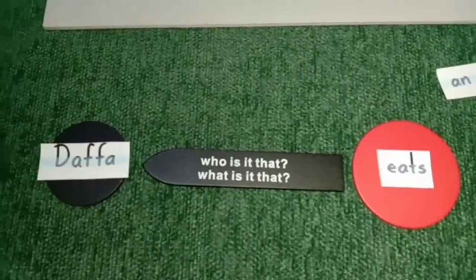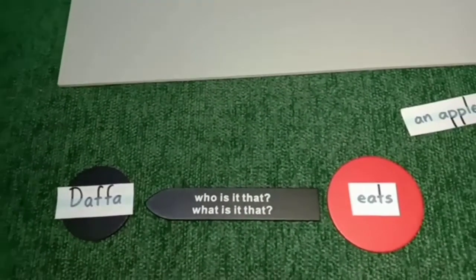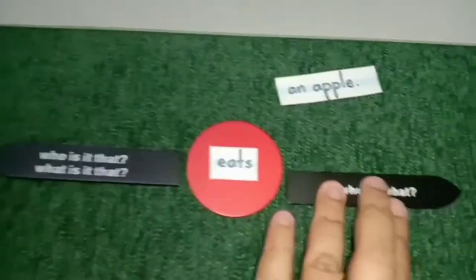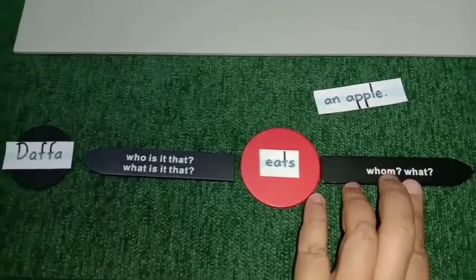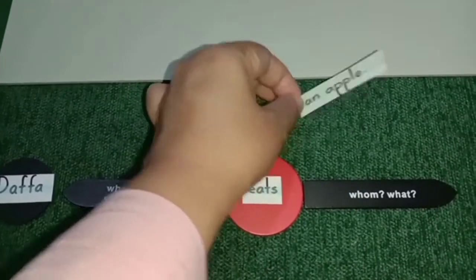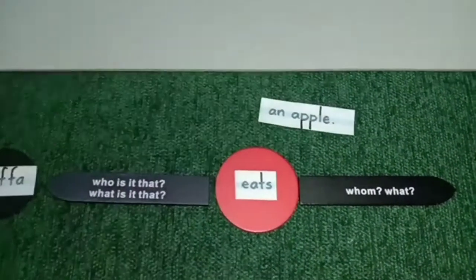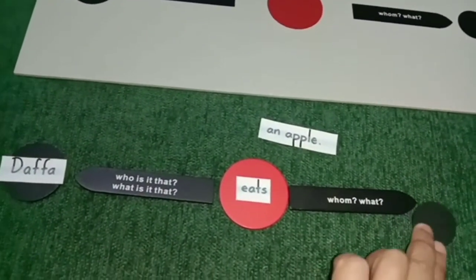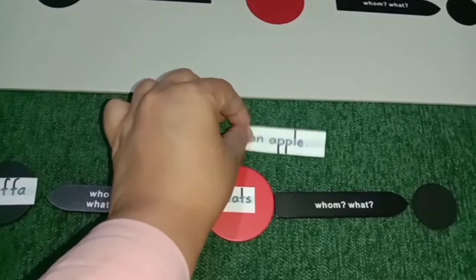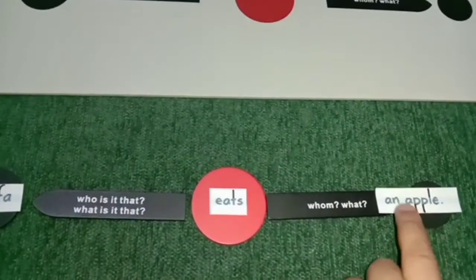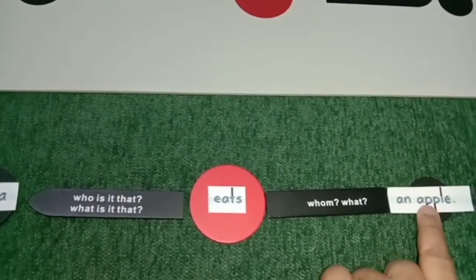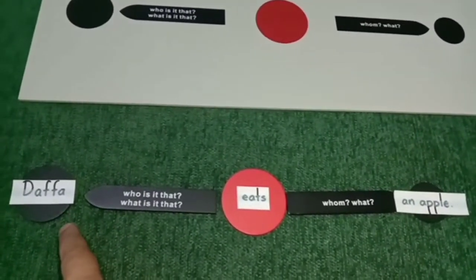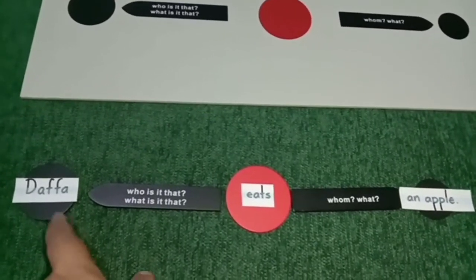Okay, and then I have another question. Dafa eats what? Yes, you're right. An apple. An apple is also a noun, and it is symbolized here with a smaller black circle, smaller than the one from here, for Dafa here.